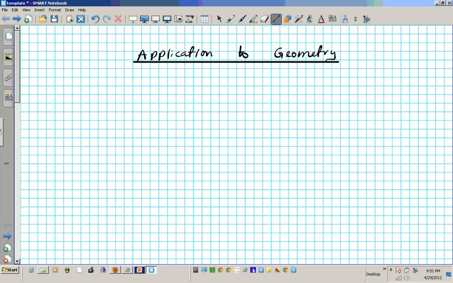All right, so we're going to be doing this within the context of a parallelogram. So let's start out by defining what a parallelogram is. So definition.